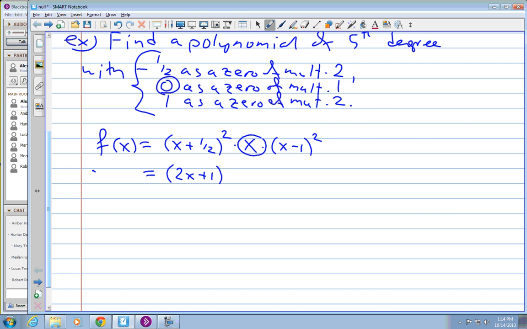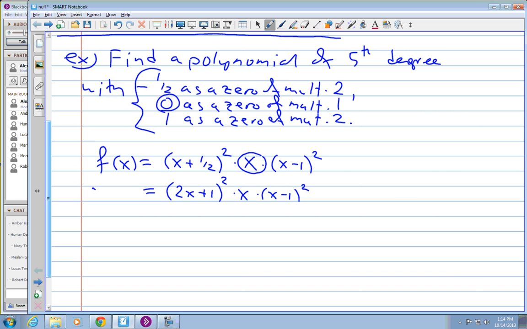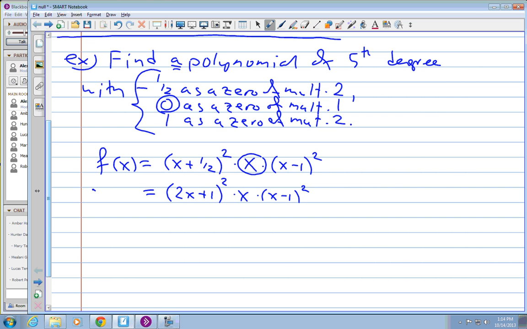Do you agree with that? So you can do that. Not necessarily, but it's just an option. Regardless, it'll just be easier to expand everything if you write it like that. Remember, it's just a polynomial.